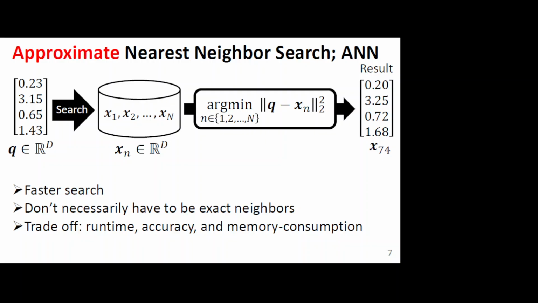That's why we need approximate nearest neighbor search, of course, the ANN search. The process is almost the same. We give a query and search in our database to try to find the minimum distance. But here, besides the ranking function, we have a preprocess. We build an index structure.